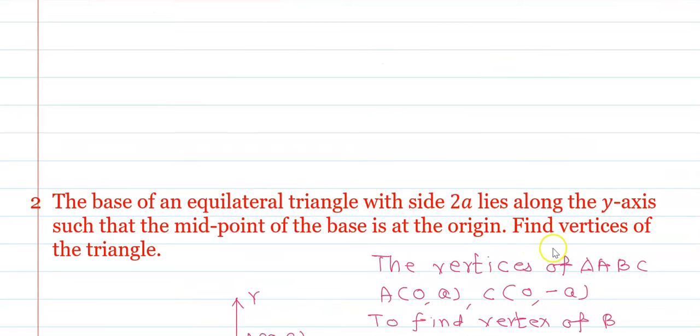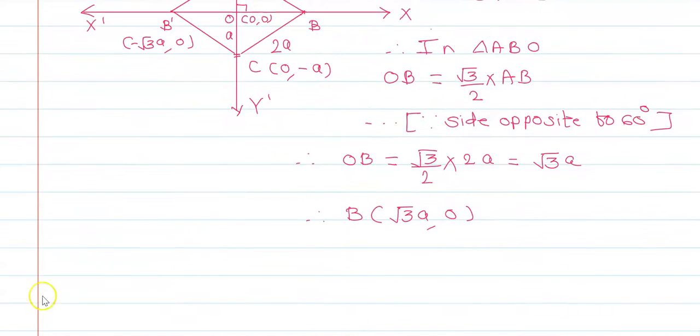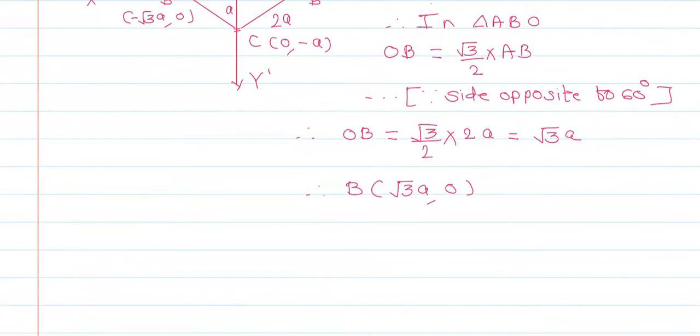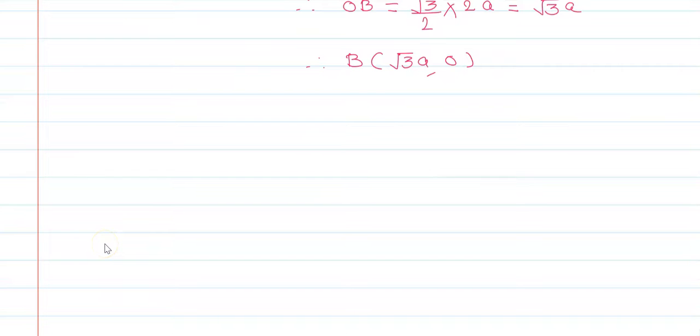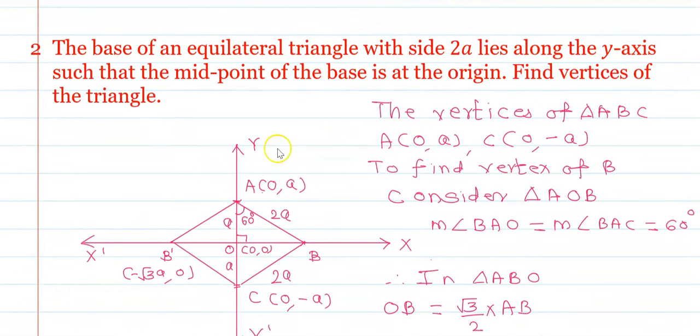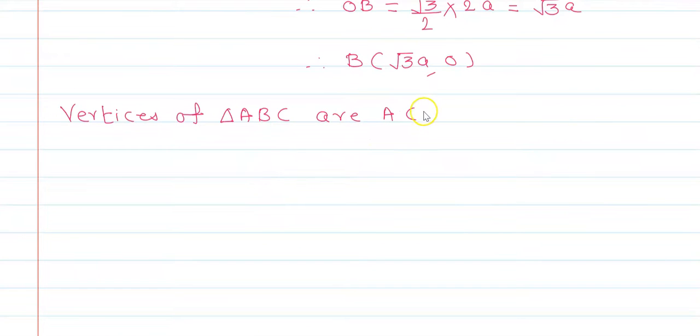Therefore the vertices of triangle ABC are: A is (0, a).